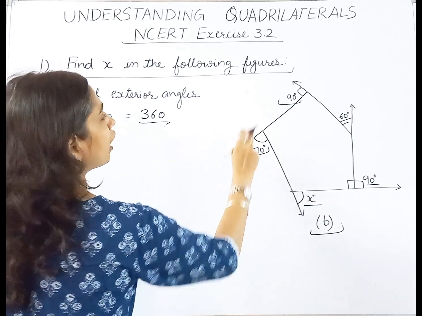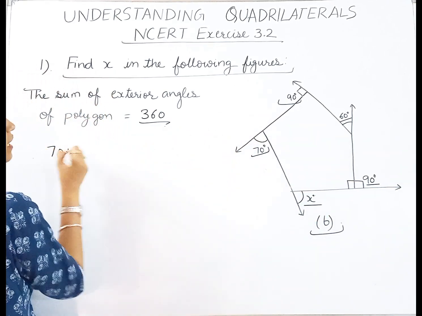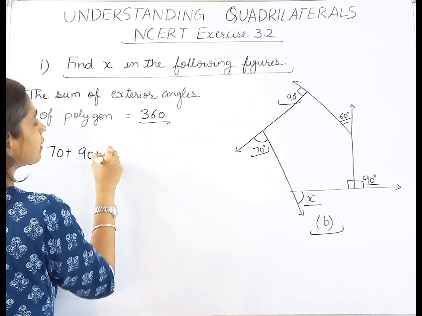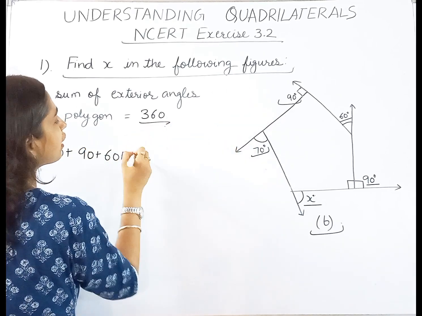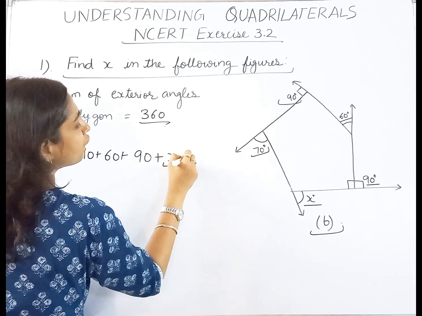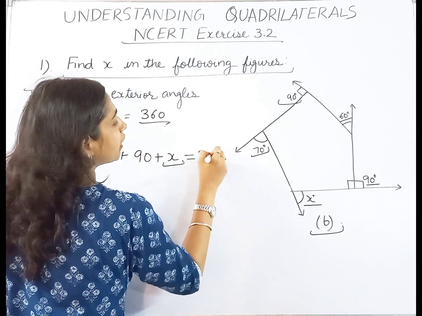When we put in the values of all the angles, the first is 70. The second one is 90. The third angle is 60. The fourth angle which is given to us is 90. And the fifth one is x, whose value we need to find out. And this is equal to 360.